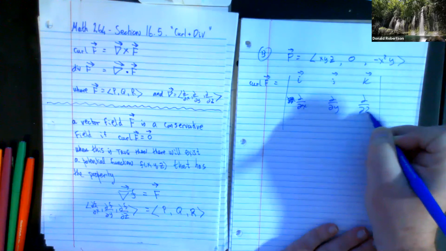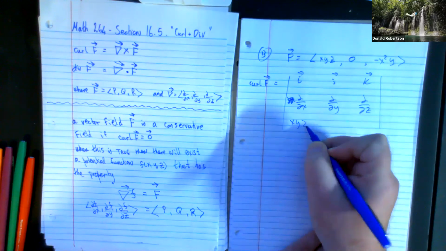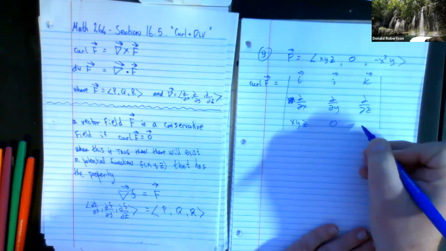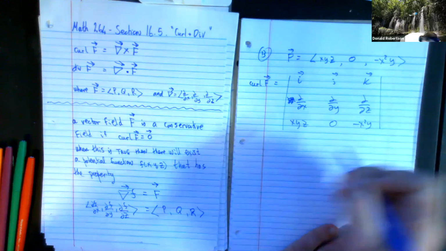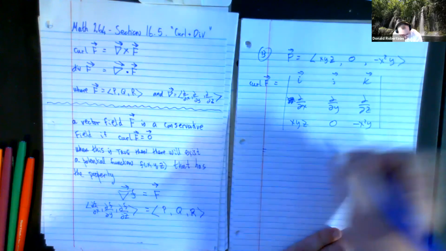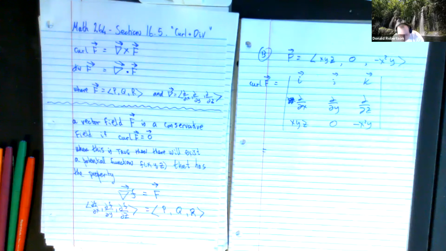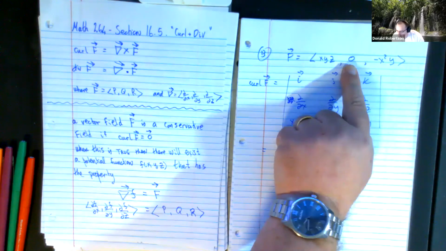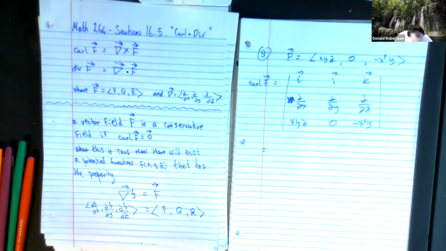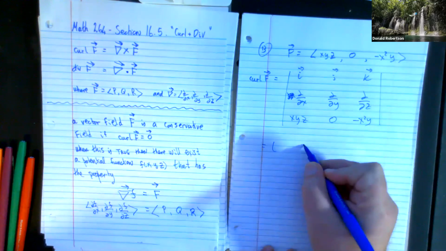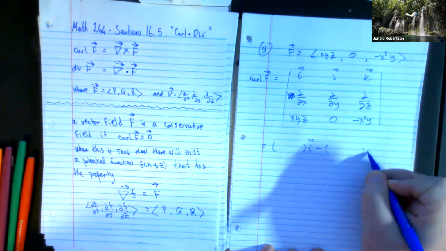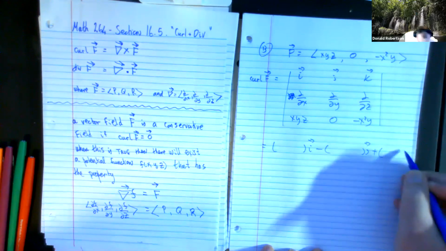And then you have a 0, which is going to be quite important. And then this. Now, there is nothing I've done here that is any different from what I would have done if that had been x cubed. I'm still doing the same 3D process. So it's going to be so many i's, take away so many j's, plus so many k's.